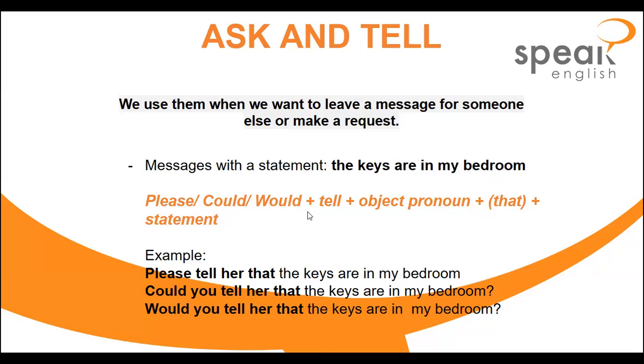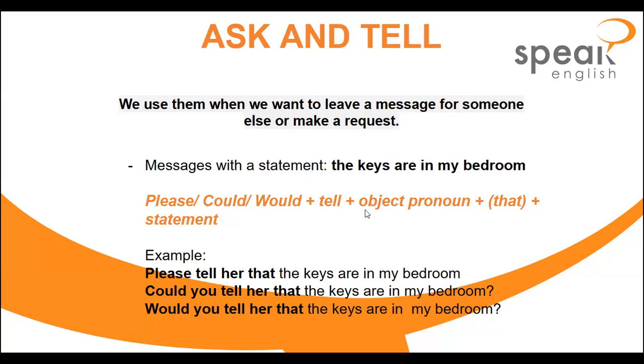So could and would are more formal, okay? And please is a little bit more informal. So the first thing that we have are those three words. And then we're going to have the word tell, or the verb tell, and then an object pronoun.